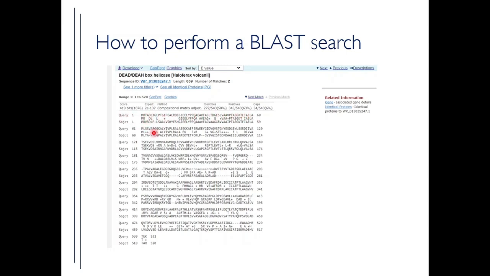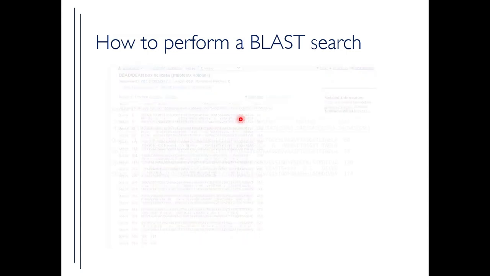The top line of each segment here is the query sequence that I inputted into the database. And the subject is the sequence from the database that it's brought out. In the middle here, it will give you information as to whether that residue is the same or whether it's similar. But don't worry too much, I'll talk about that in a minute.